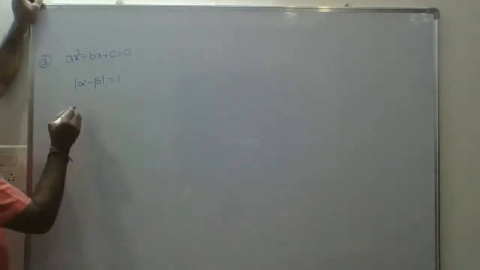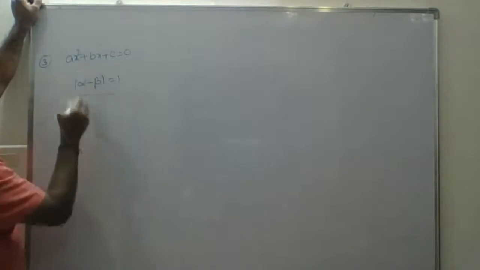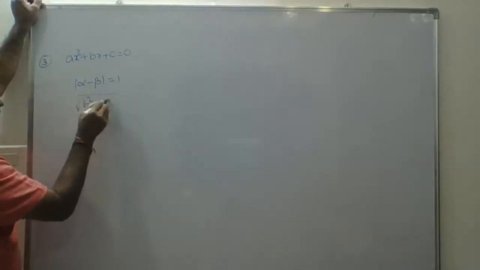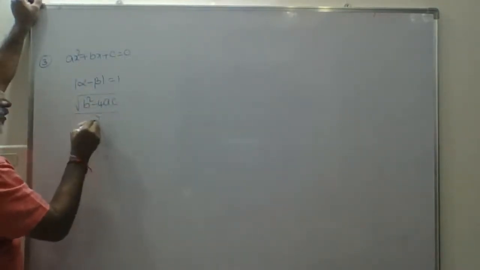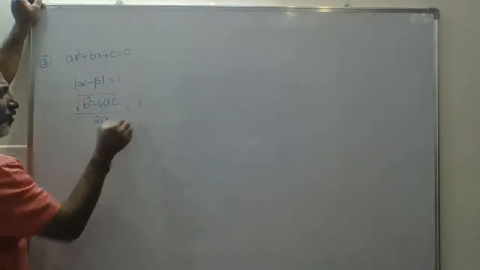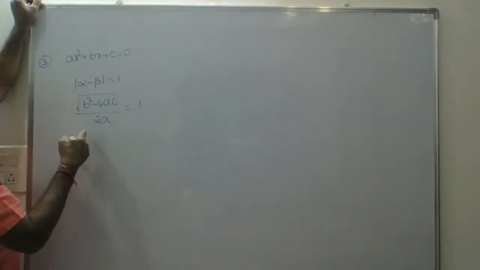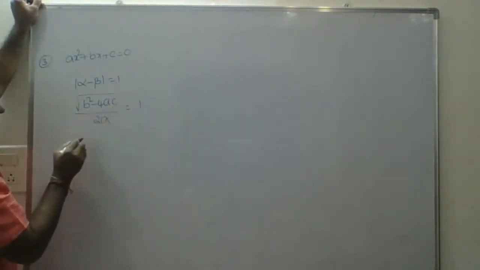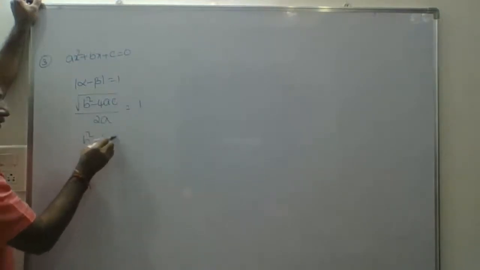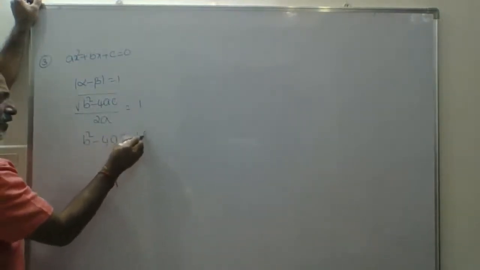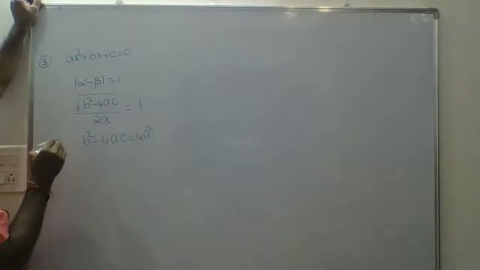What is the difference of the roots? Root of b square minus 4ac by 2a is equal to 1. Squaring and cross multiplying, b square minus 4ac is equal to 4a square.